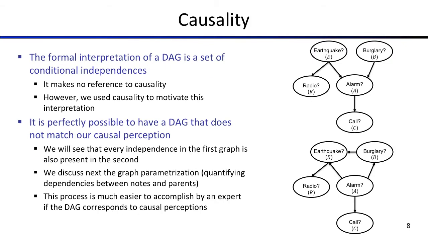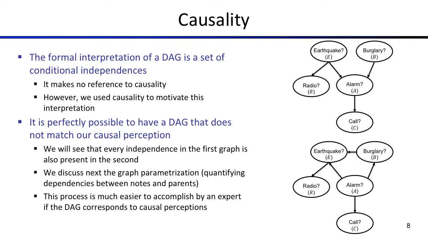So we usually work with causality. This idea that we include an edge between two nodes in the direction of the node that is causing and the node that is being influenced. So the edge comes from the node that is generating the influence to the node that is being influenced. And this interpretation makes the graphs easier to understand. And if you are working with domain experts, it's going to be easier also to elicit the probabilities.